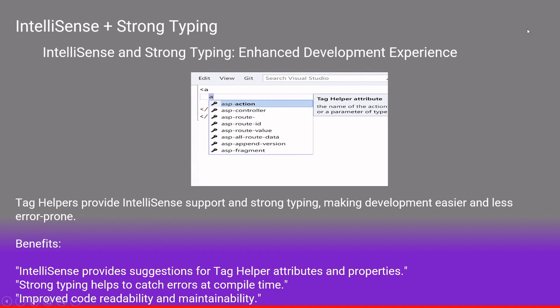This feature is particularly useful when you are unfamiliar with the available attributes. Strong typing helps catch errors at compile time rather than at runtime. This can save you a lot of time and effort in debugging your code. Overall, tag helpers provide a much better development experience compared to traditional HTML helpers.